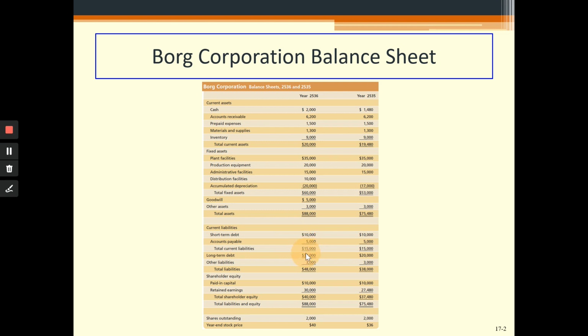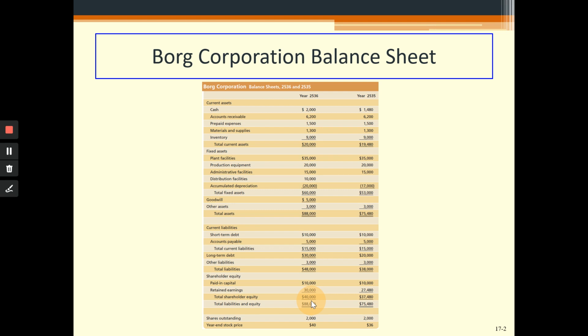In short, if we add all the liabilities and the equity, we have paid-in capital and retained earnings, and we will end up having the total of liabilities and equity as 88,000, which is what we are expecting from a balance sheet, because the accounting identity equation is total assets equal to total liabilities plus total equity, right?